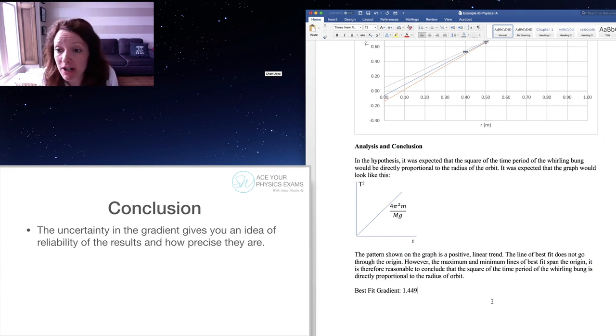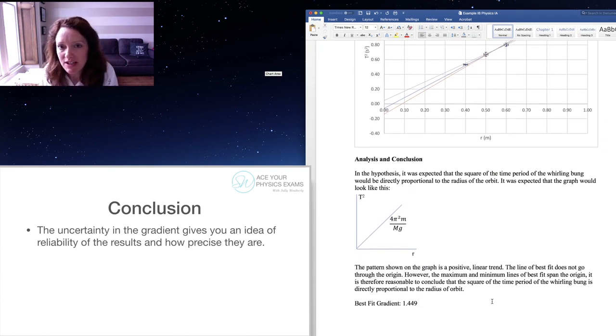Can't just give a number, we have to give units, and that will be s squared divided by m, so m to the minus 1, okay? So s squared, m to the minus 1, because we've got time squared divided by meters, so that will be the units of the gradient.